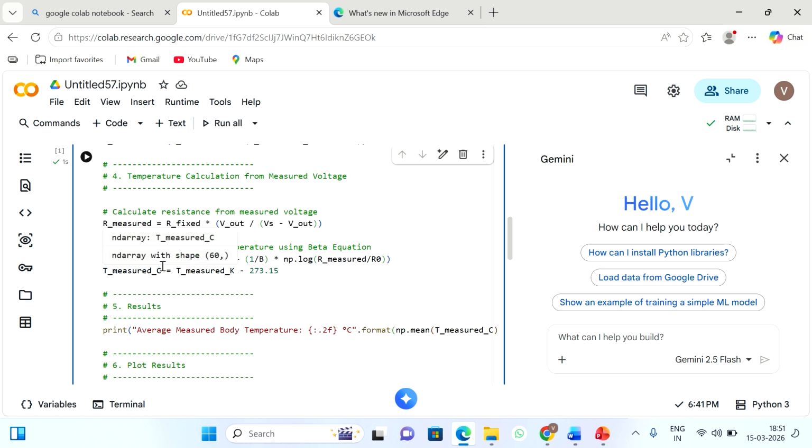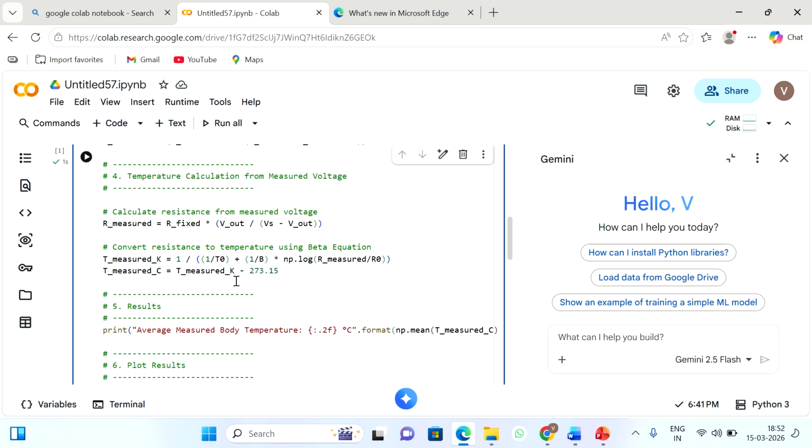In Kelvin, it is equal to 1 / (1/T0 + (1/B) * np.log(R_measured / R0)). So this is the inverse beta equation. We have already written the beta equation, so the inverse of that equation is T equal to 1 whole divided by (1/T0 plus 1/B ln R/R0).